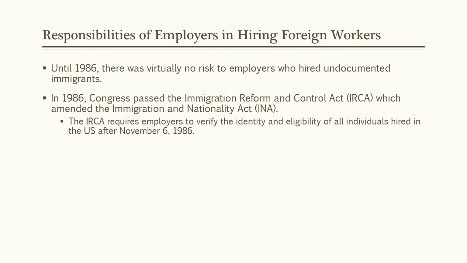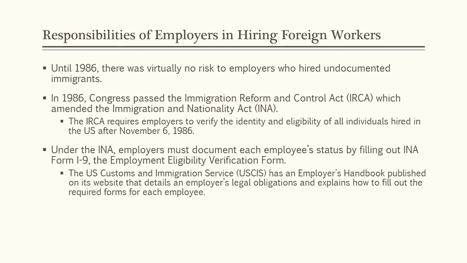The IRCA requires employers to verify the identity and eligibility of all individuals hired in the U.S. after November 6, 1986. Under the INA, employers must document each employee's status by filling out INA Form I-9, the Employment Eligibility Verification Form.